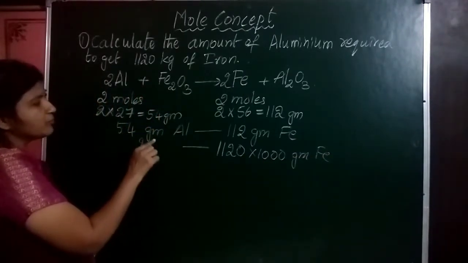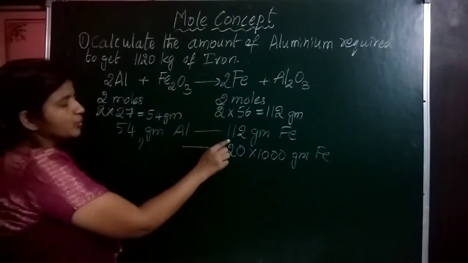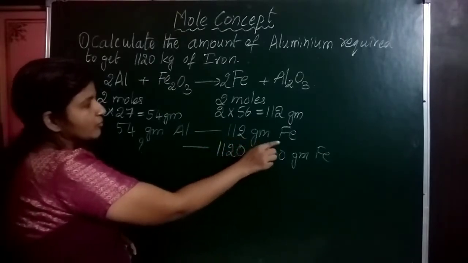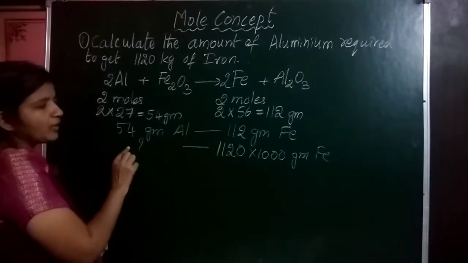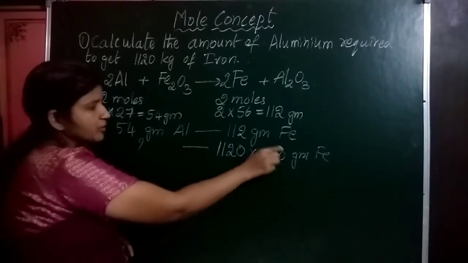Here 54 grams of aluminium is required to get 112 grams of iron. So how much aluminium is required to get 1120 kilograms? Kilograms is given, so you have to convert into grams, into 1000 grams.